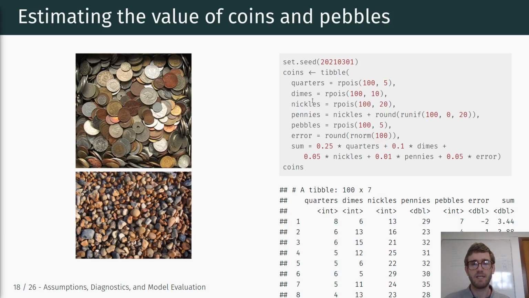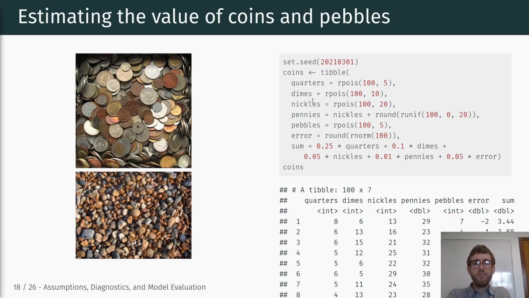We record the number of quarters, dimes, nickels, pennies, and pebbles, and we also record the overall sum that these coins are worth. But as we count the overall value of those coins, we make some mistakes. There's a random error in the sum, so it's not perfectly counting all the quarters, dimes, nickels, and so on.